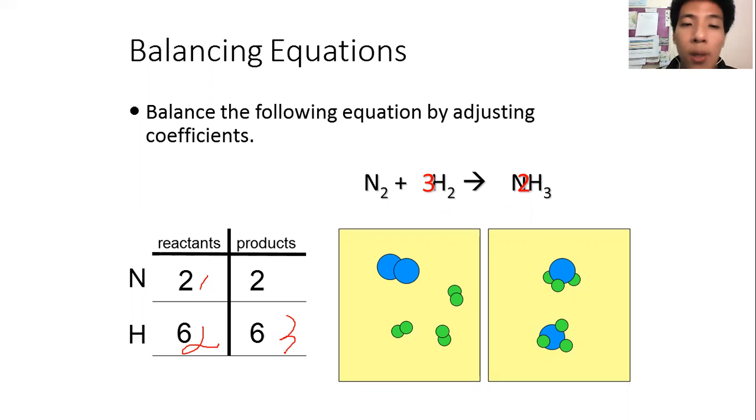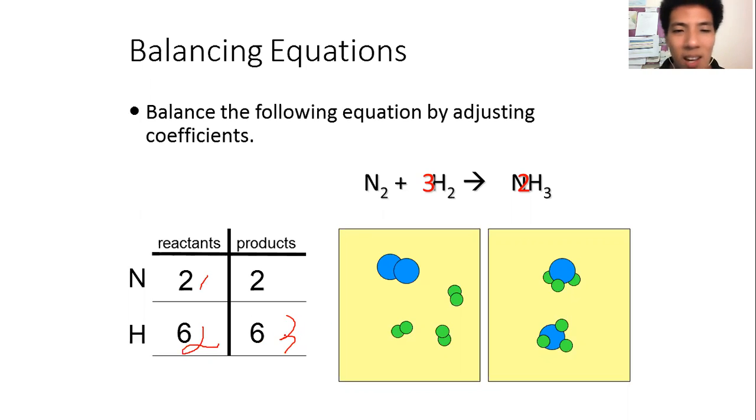Since on the product side we only have 3, and for the reactant side we have 2, we need to raise the coefficient to the reactant side. So to obtain the number that we needed, in our given equation, we have to make sure that, I'm so sorry, for the hydrogen, we have 6.